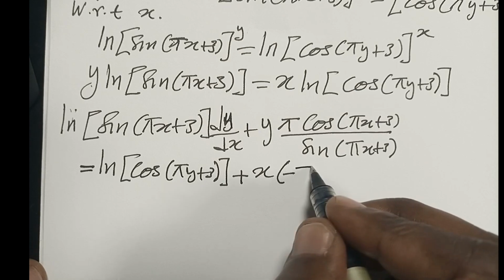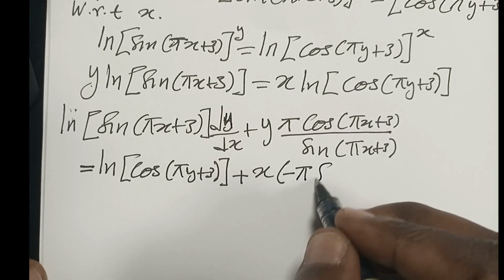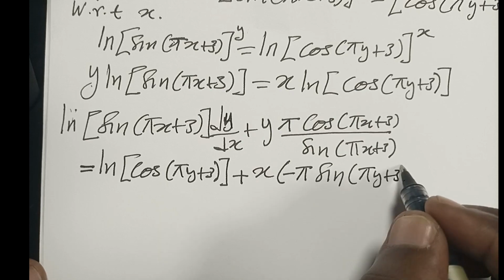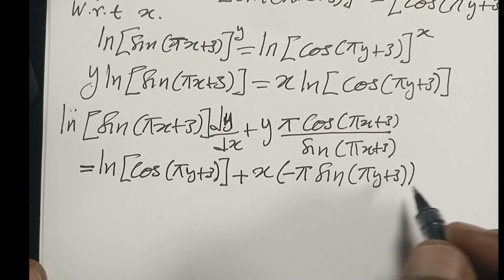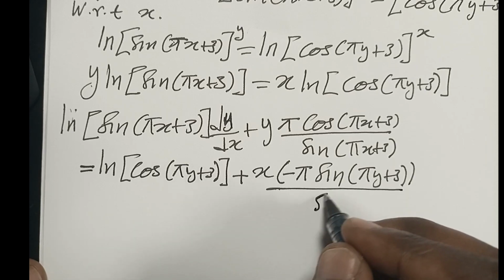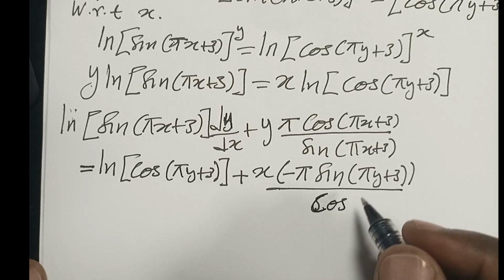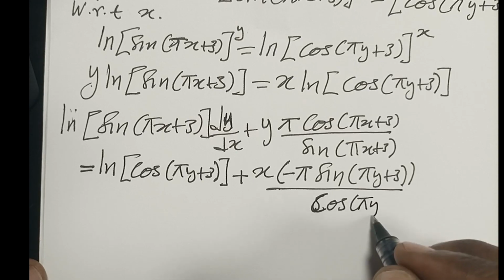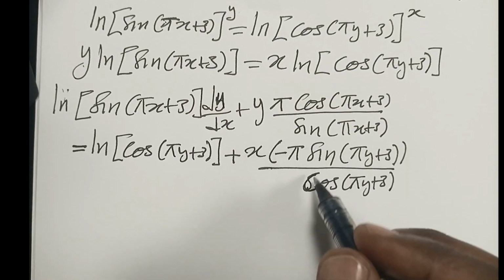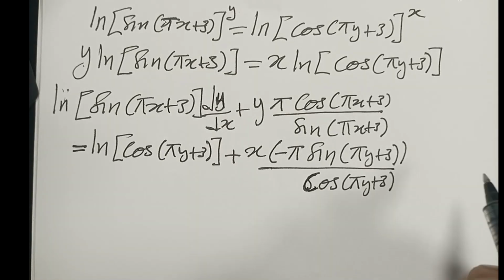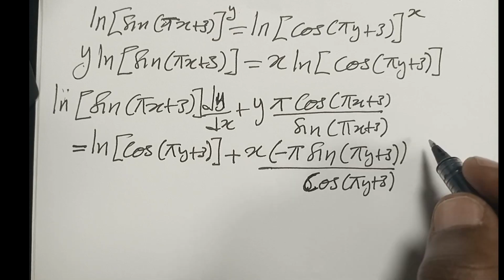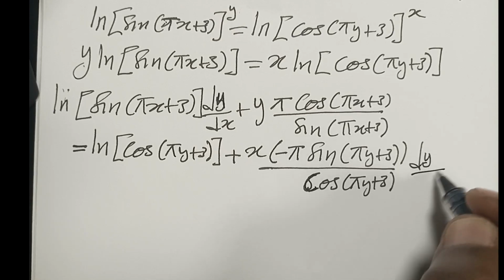You're going to have pi sine pi y plus 3, then everything over cos pi y plus 3. Then since it was a derivative of y on this part, you're going to write dy dx.